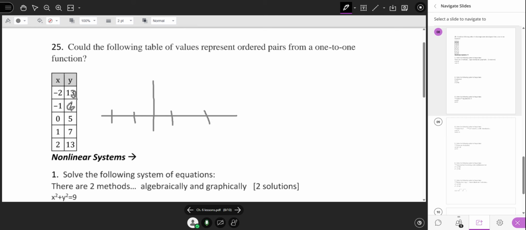Like that's a 12 and that's a 6 and a 5 and a 7 and a 13. Oh my.